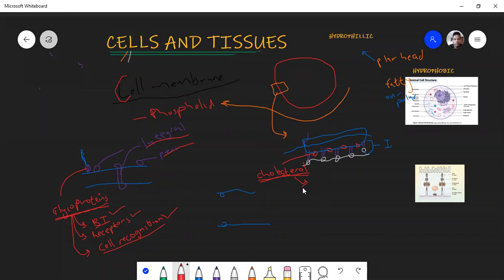The cholesterol molecule in between those fatty acids, its function is to stabilize the membrane and to make it flexible. I hope you got it. It stabilizes the membrane, and it makes it flexible. Okay. You're sorted.